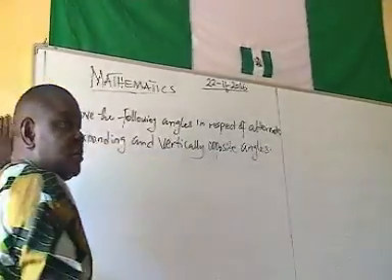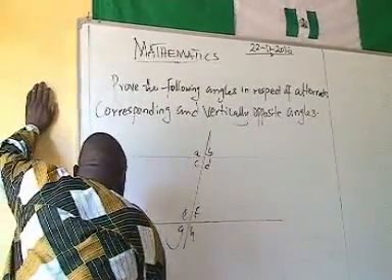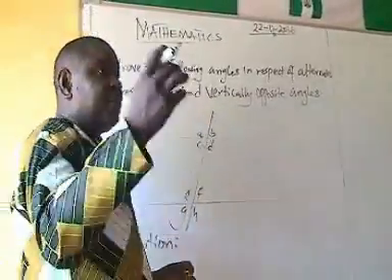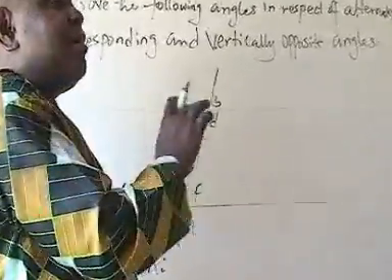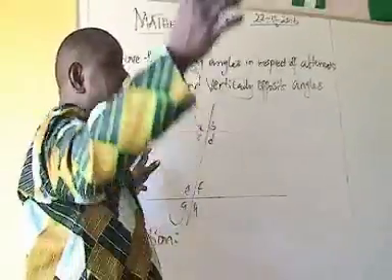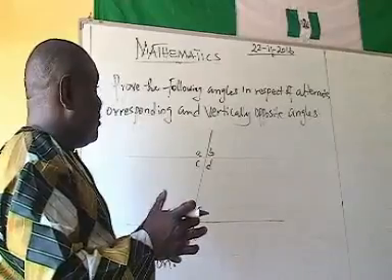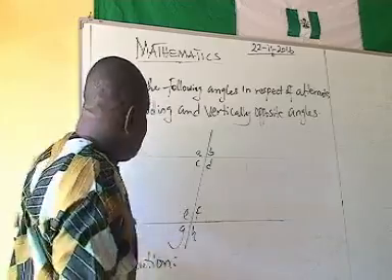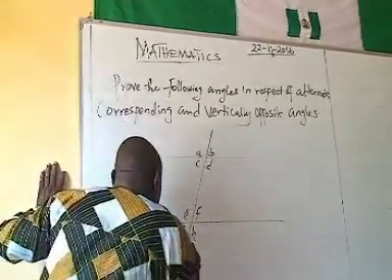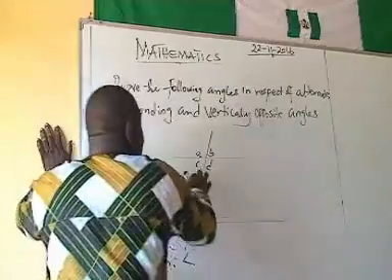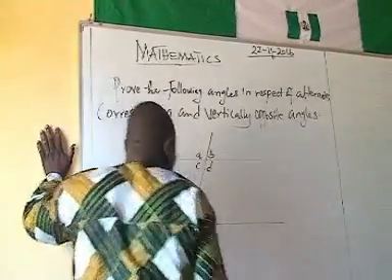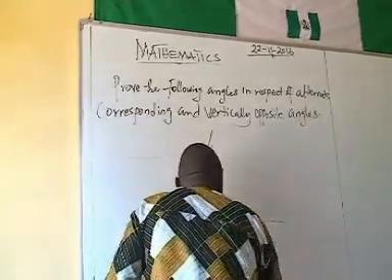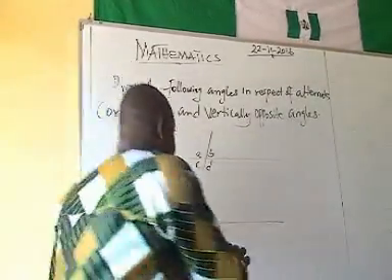Okay, now adjacent, we have done it already, but we are bringing three of them together. Angle C is what? Angle C equals to F.